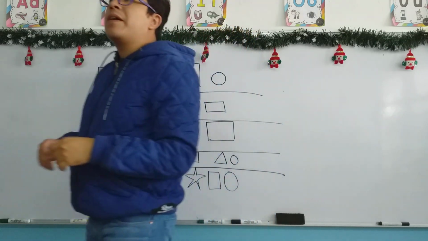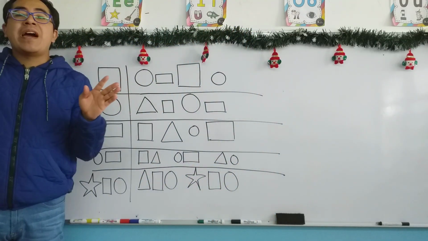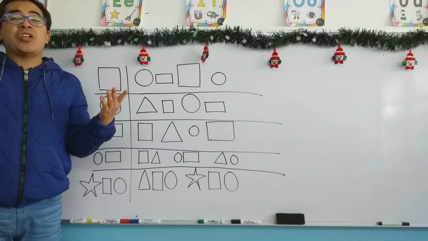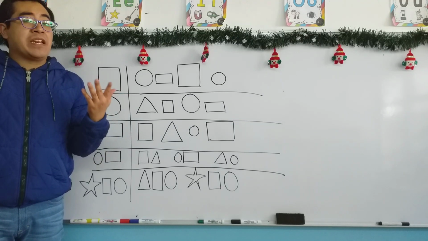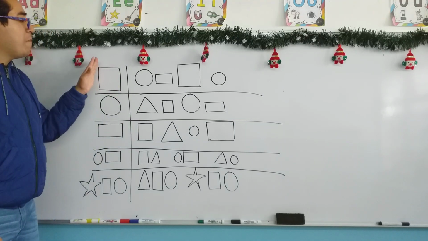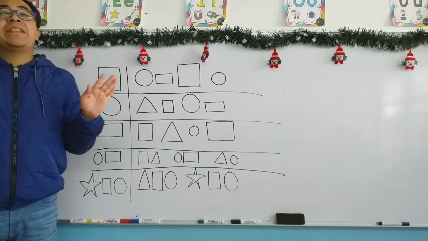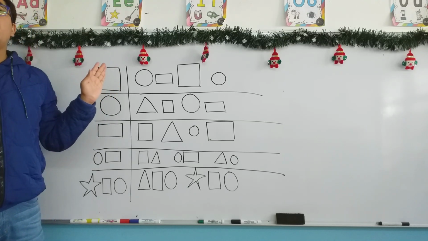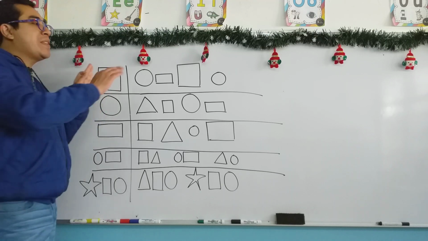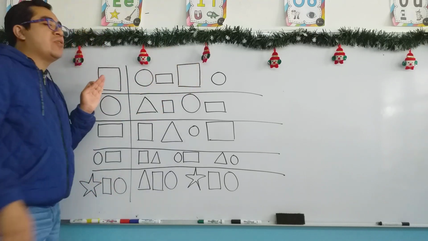Now, as you can see here, we have some of the geometric shapes that we discussed at the beginning of the video. On the left side, we have the ones that we have to join with the ones that appear on the other side.